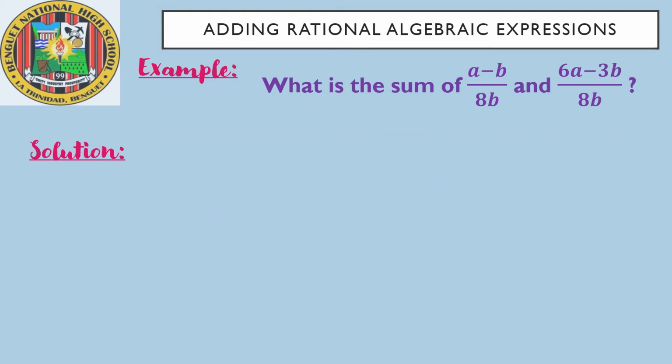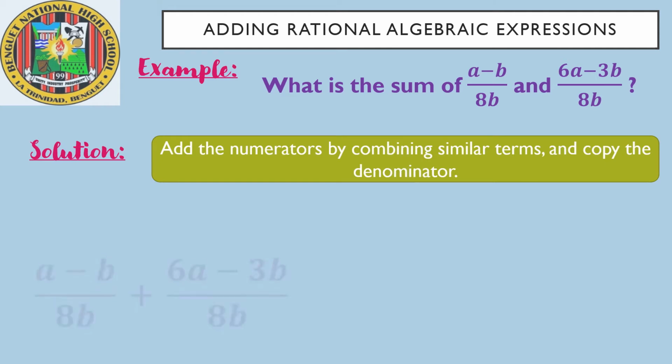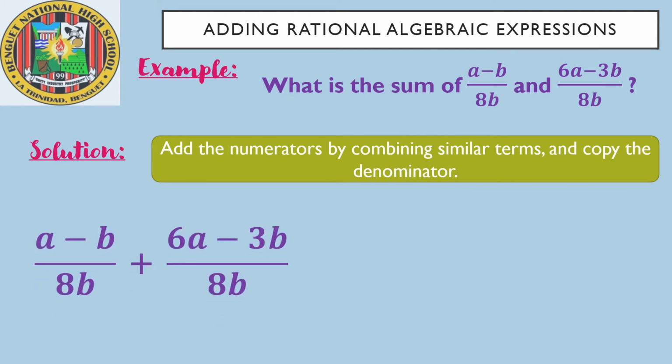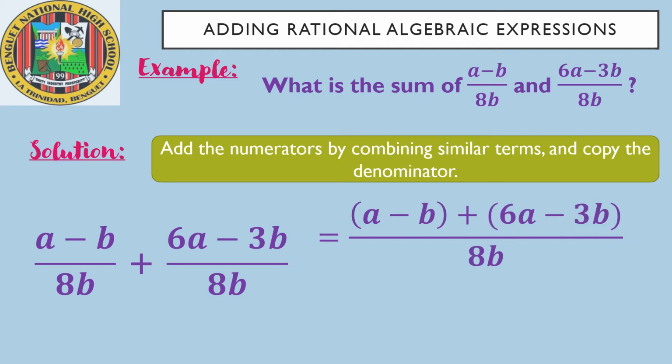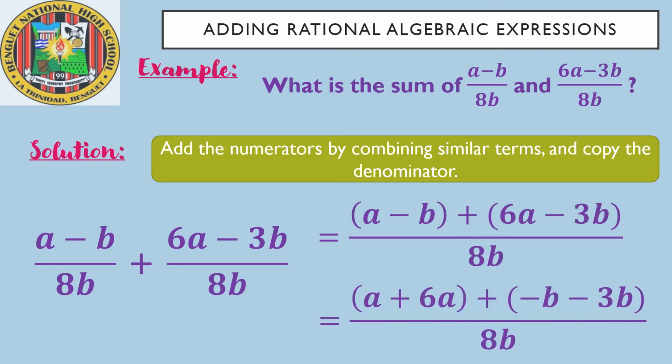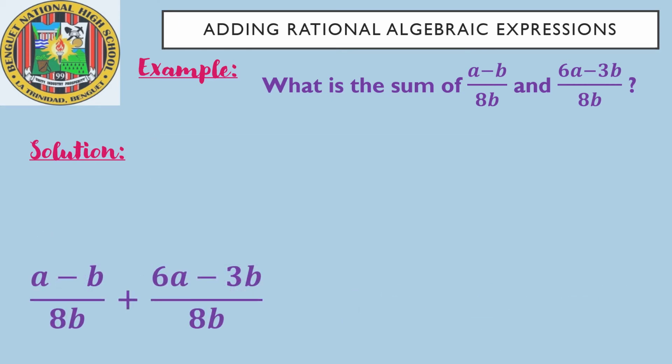Because the RAEs that we are adding have common denominators, we can now add their numerators and copy the denominator. Thus, we combine similar terms that we see, like a plus 6a and negative b minus negative 3b. Now that we have combined similar terms, we add them properly.